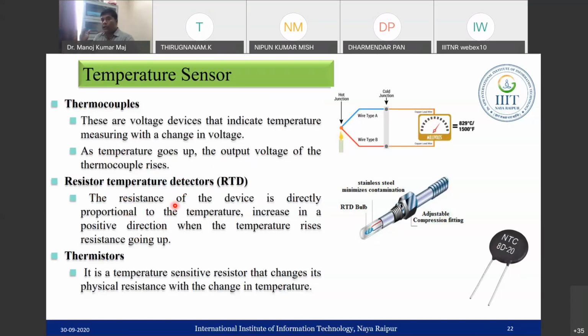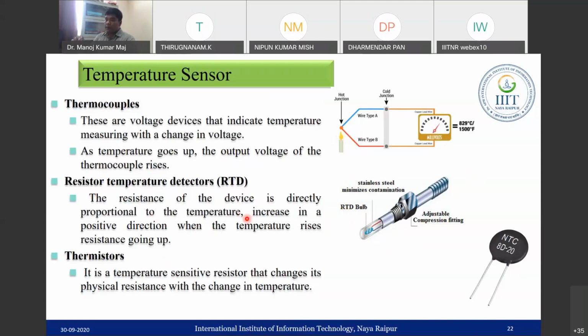Next, the concept is the RTD. RTD means resistance temperature detector. So you can see this as your RTD device, where we are putting an RTD bulb. Now this RTD is generally a device whose resistance is directly proportional to the temperature.